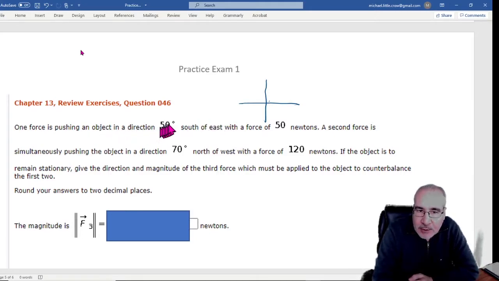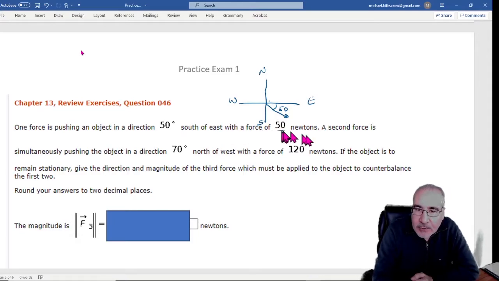Pushing an object in direction 50 degrees south of east, and we'll call this north. This is east, this is west, and this is south. 50 degrees south of east. So here's east. It's coming down 50 degrees. So this here is our 50 degrees.